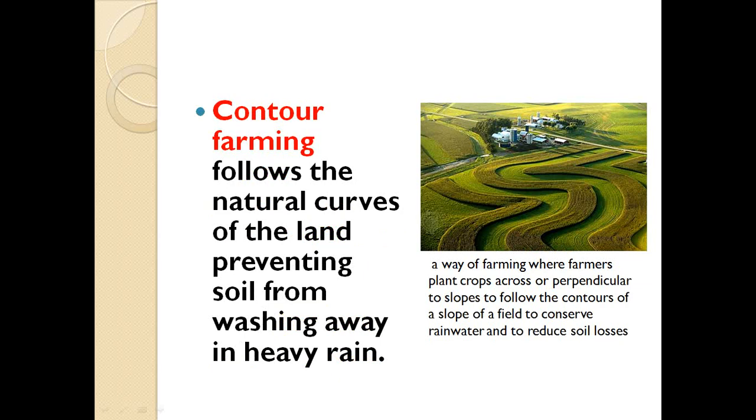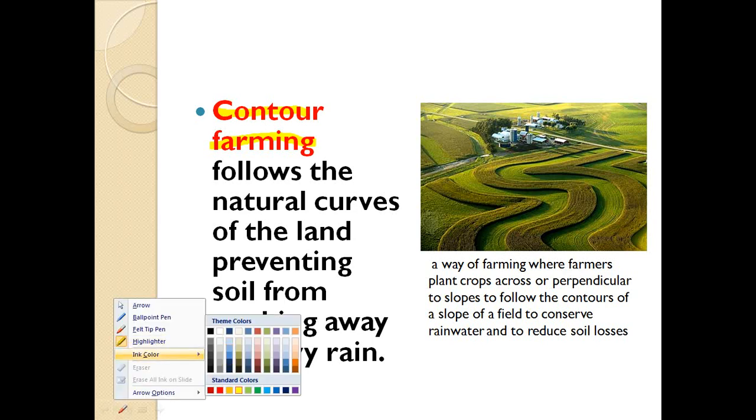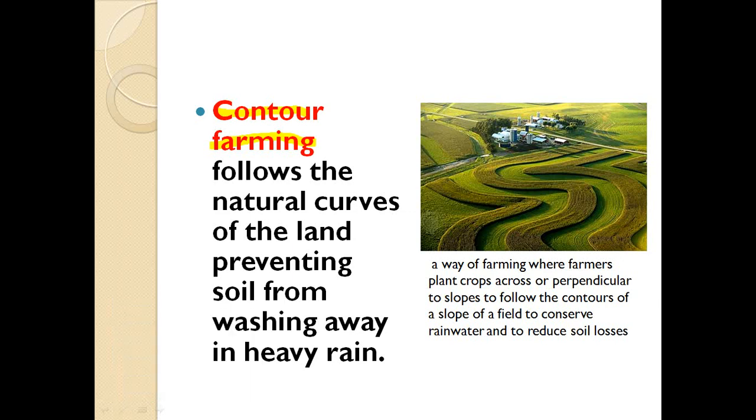Now, contour farming. Of course, this is not contour for makeup, okay? It's contour farming. What do we mean by this? Can you see how it looks here? This is contour farming. Can you see the shape, how it looks?